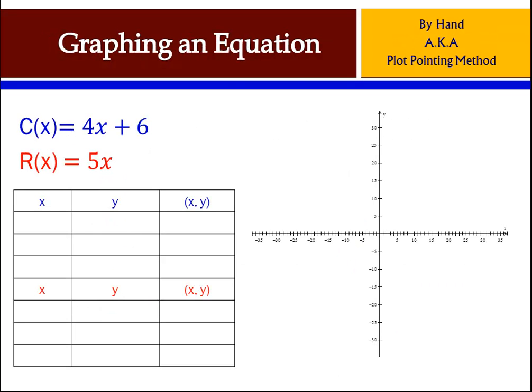All right, so back to our graph that we were doing earlier. And so in this case, instead of using the value y as the name of each of the functions, or for the output value, I've used c of x and r of x. And I'm just going to pick some numbers here at random. These will be different from the ones we used a few minutes ago, but I'll use the same ones.